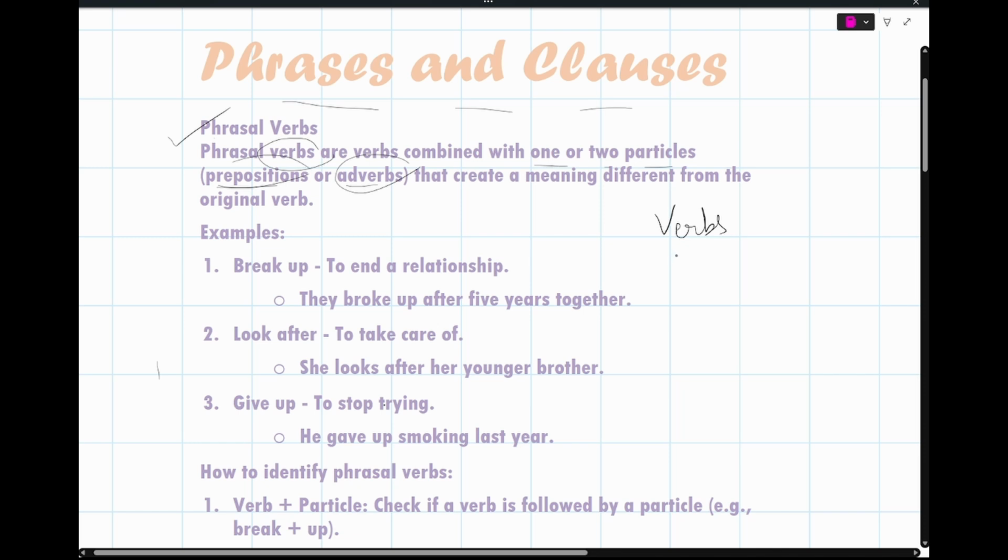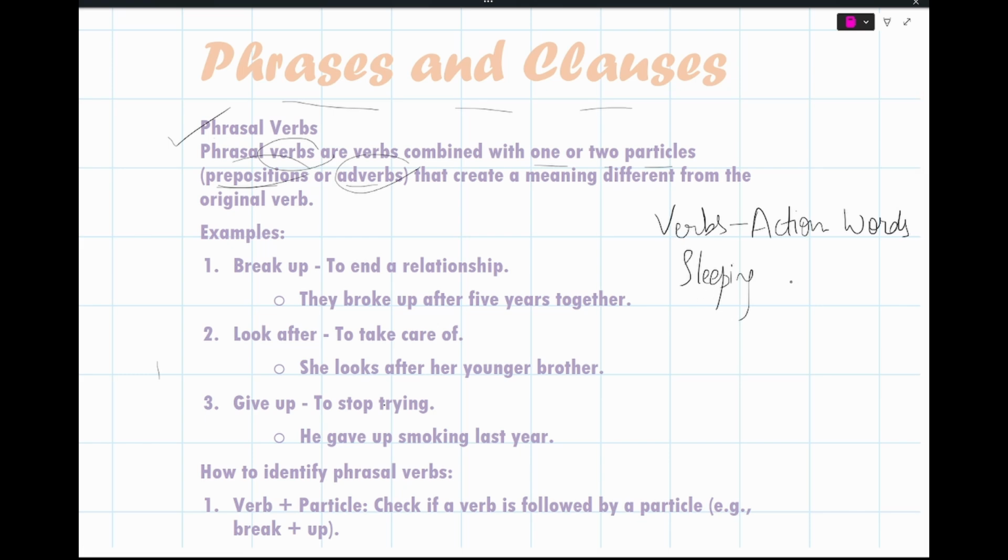I'm sure some of you may know that verbs are primarily action words. What this means is some kind of activity, some kind of action is being performed. For example, sleeping. Even though sleeping is not doing an activity, it is still considered an action.